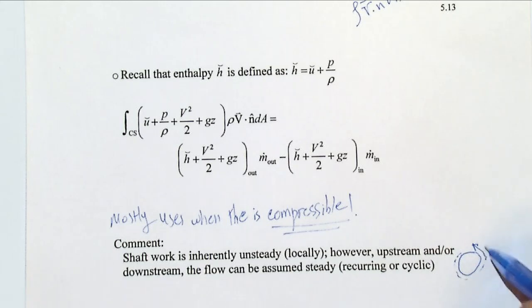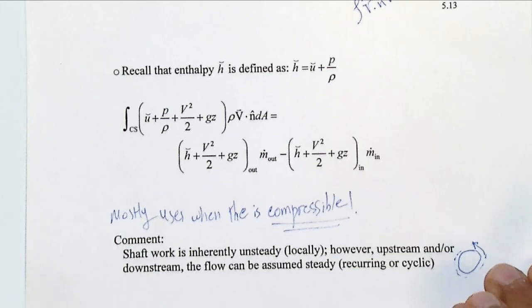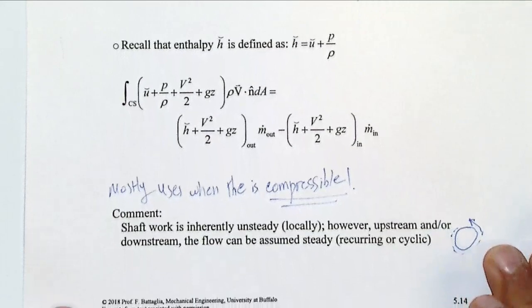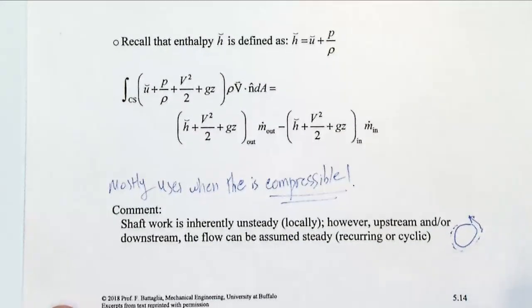The amount of velocity doesn't change, but because its direction changes continuously, it is absolutely locally unsteady, right? Because the velocity changes with time, you can't assume that it is steady.